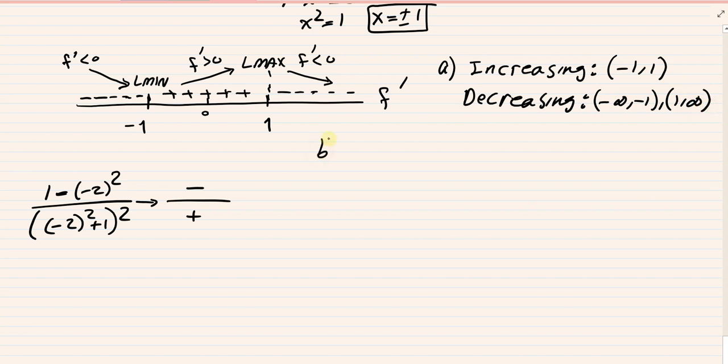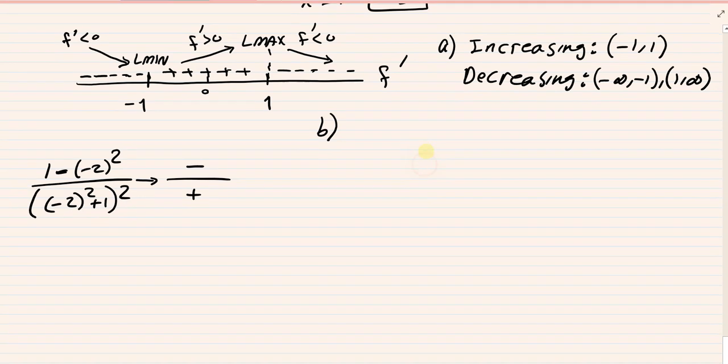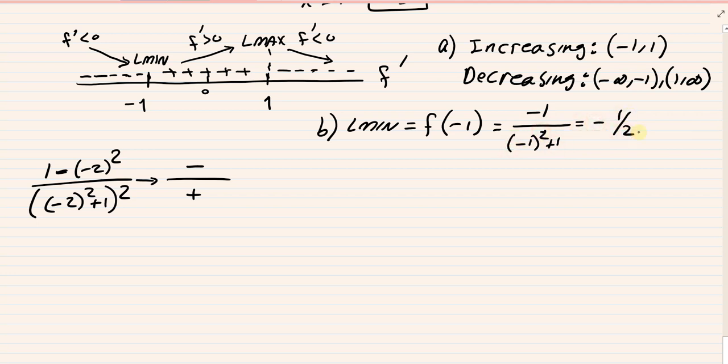In part B, the question says find the extrema. The local min is going to be equal to f at negative 1. And f at negative 1, you put negative 1 over negative 1 squared plus 1. You go to the function itself. That's negative 1/2.